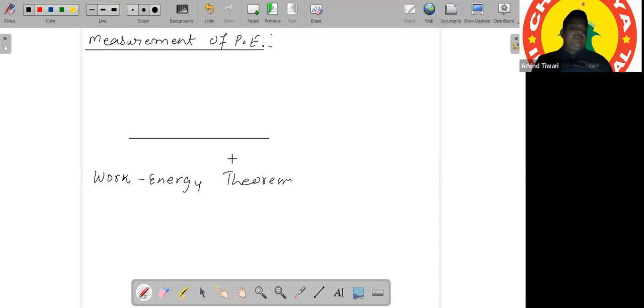Okay, so let's see the measurement, how to measure the potential energy.